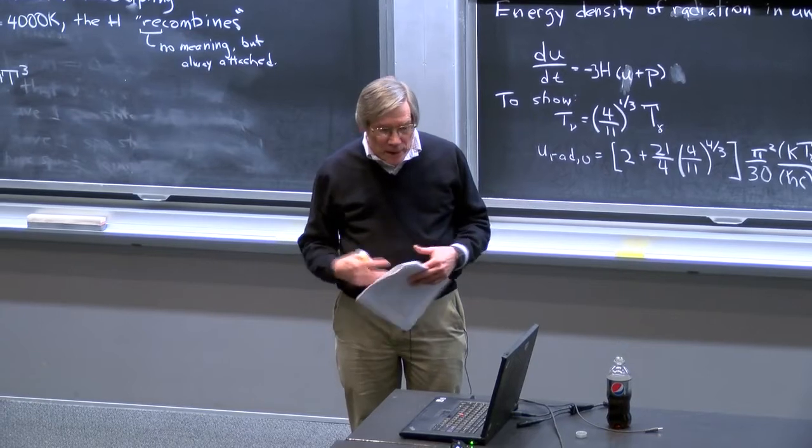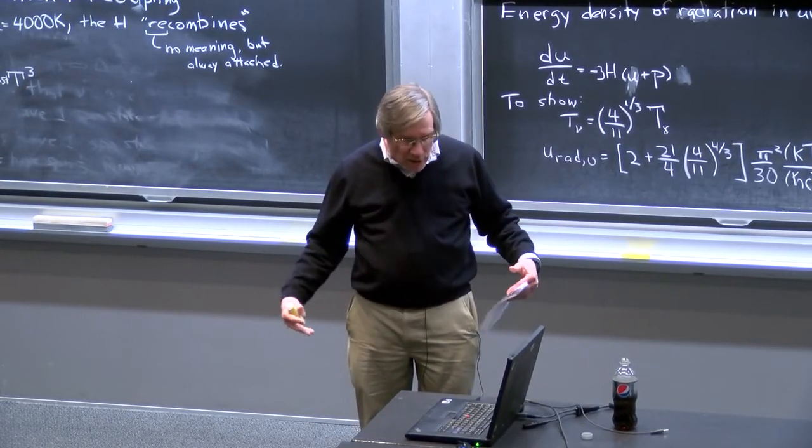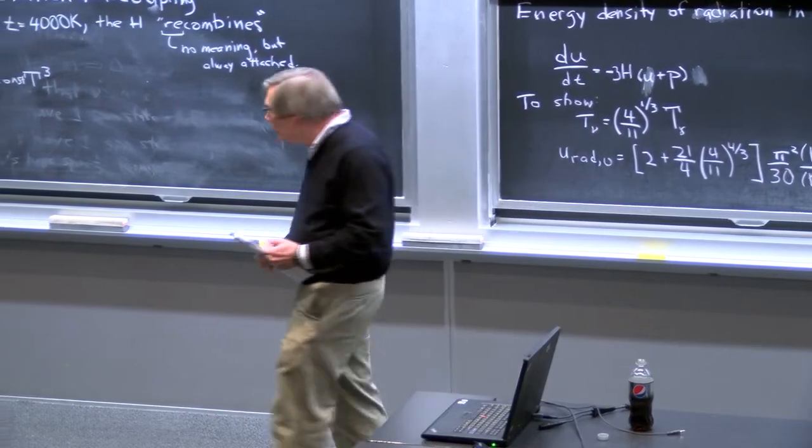And therefore, just like the mass density in a matter-dominated universe, the density should go down like 1 over a cubed, 1 over the volume.